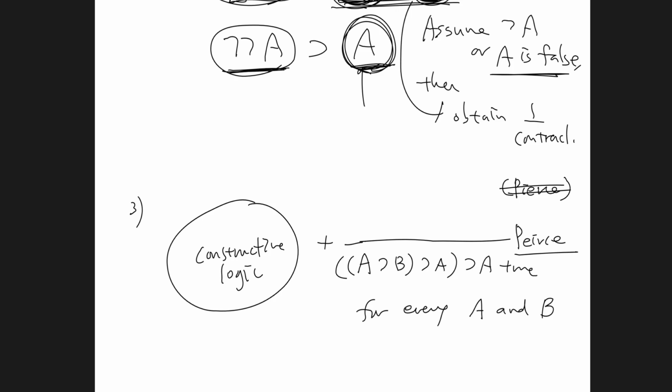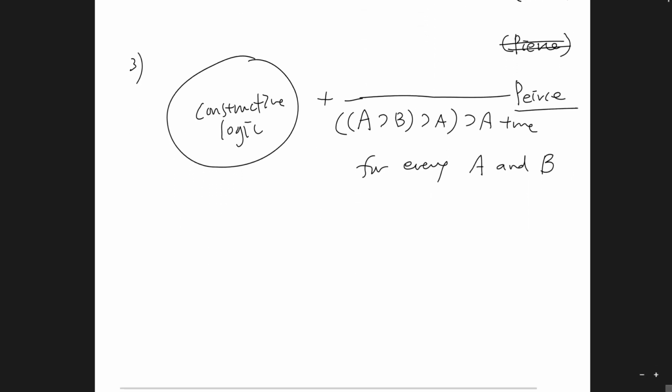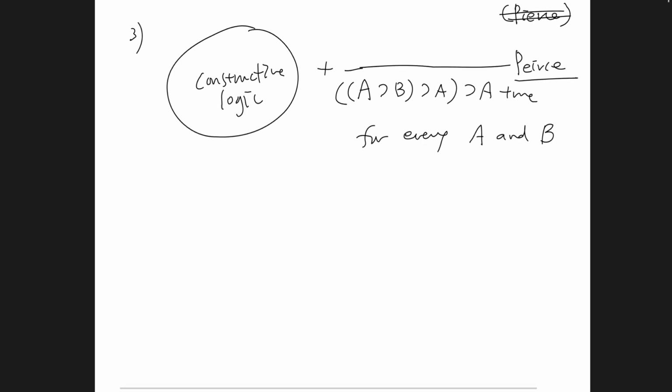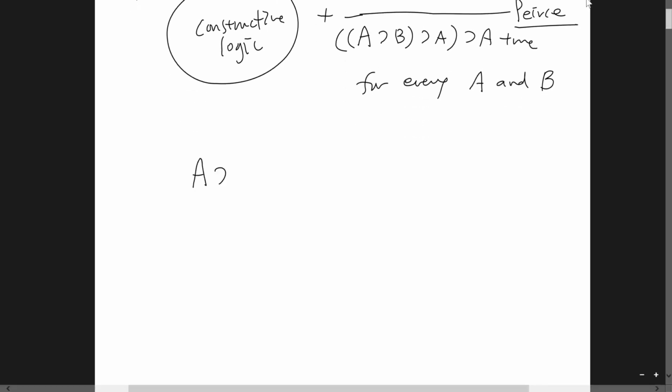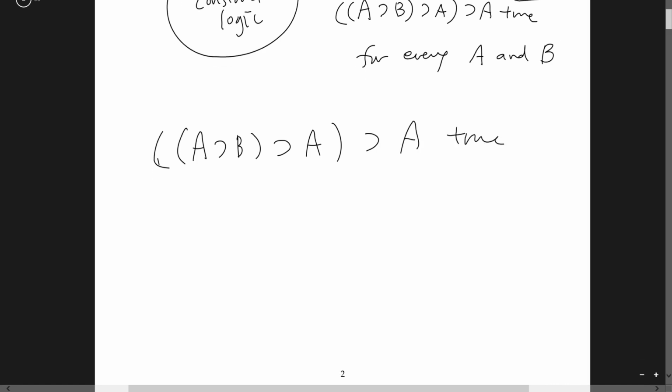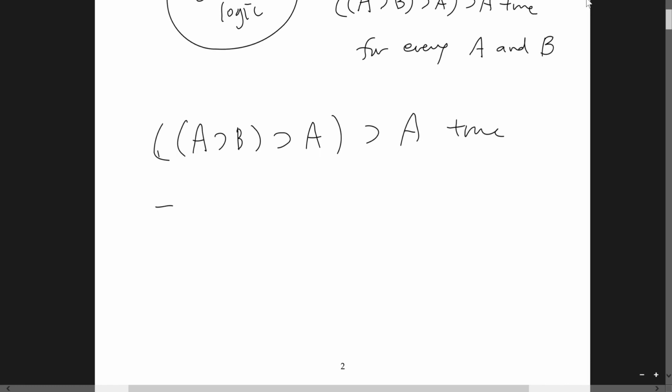It takes a bit of thinking to interpret Peirce's law, so let's go over its meaning. We have A implies B implies A implies A true. The story goes as follows. I would like to prove A is true.